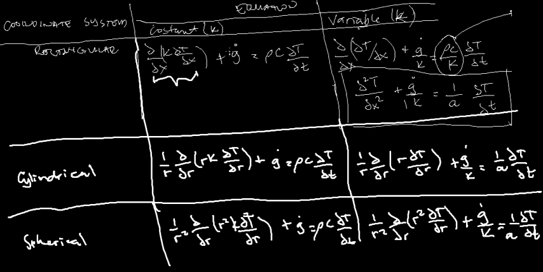So it depends upon your situation and your assumptions of the given problem. All in all, this is the summary of the equation for rectangular, cylindrical, and spherical coordinate systems. So this is the equation for heat conduction.